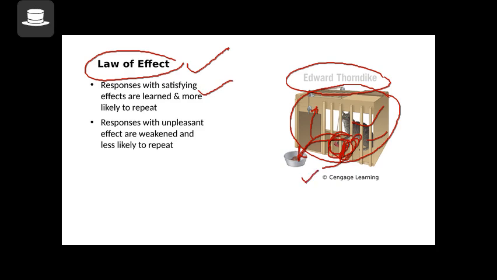And the responses, like trying other things in this example, with unpleasant effects, meaning the door not opening, are weakened and they are less likely to be repeated. Operant conditioning and its principles are actually based on these two important principles of the law of effect proposed by Edward Thorndike.